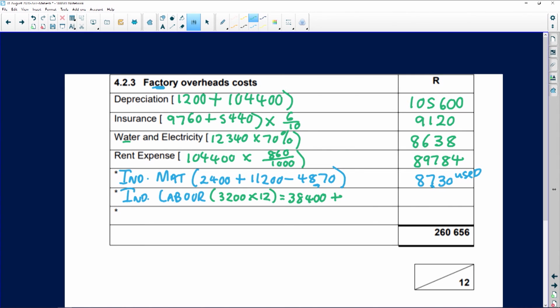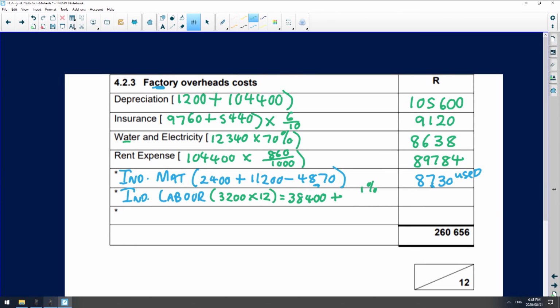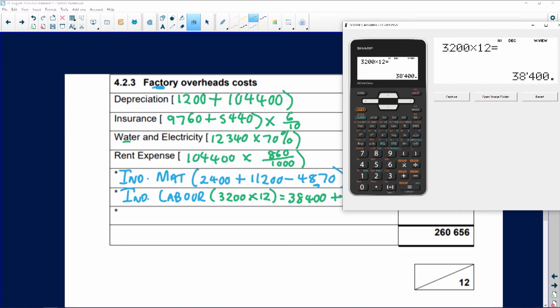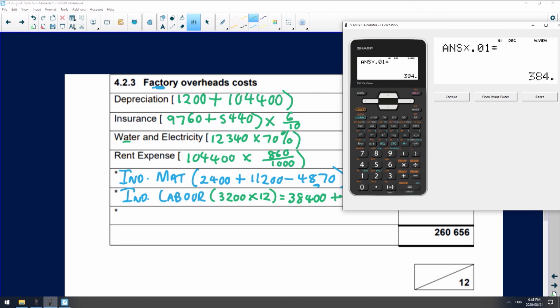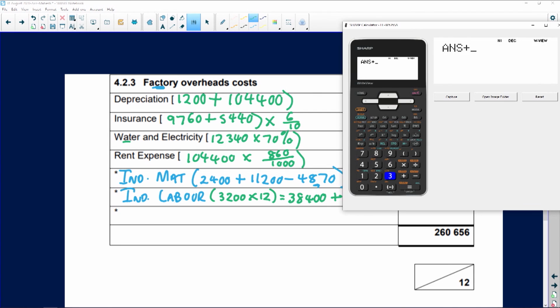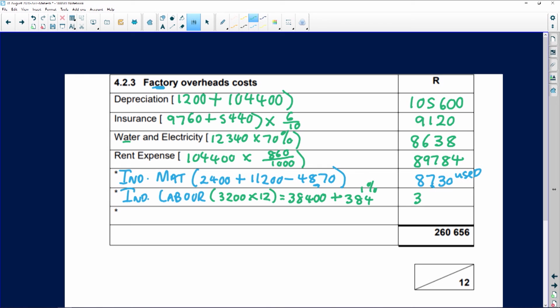Remember, your additional contribution is that 1% UIF. 38,400 times 1% should be 384. So 38,400 plus 384, my indirect labor expense, is 38,784.